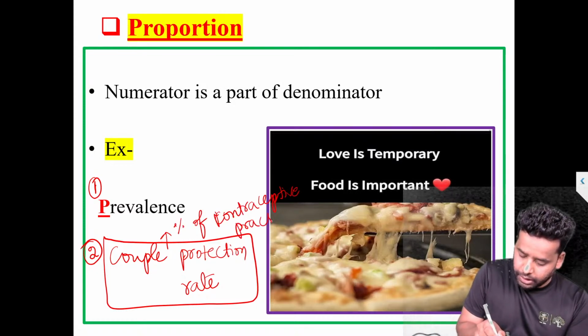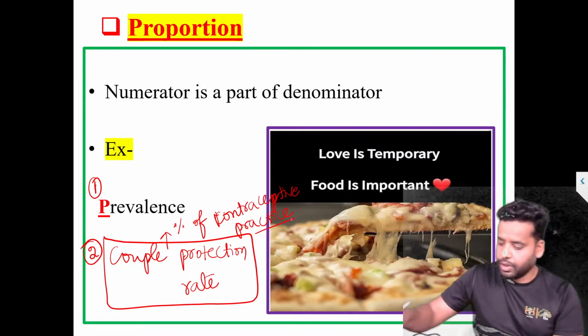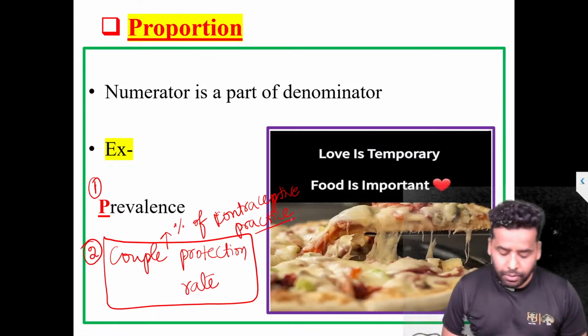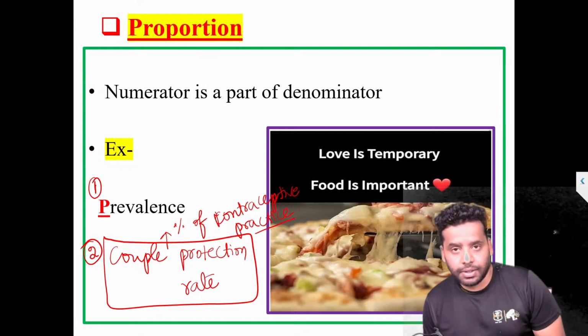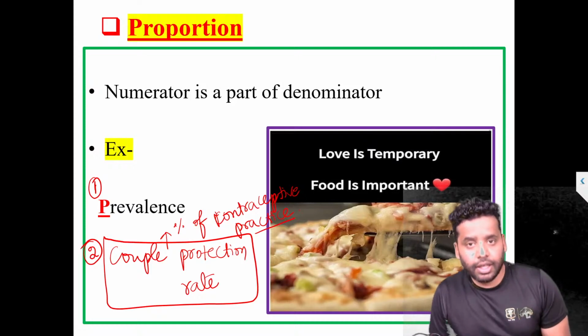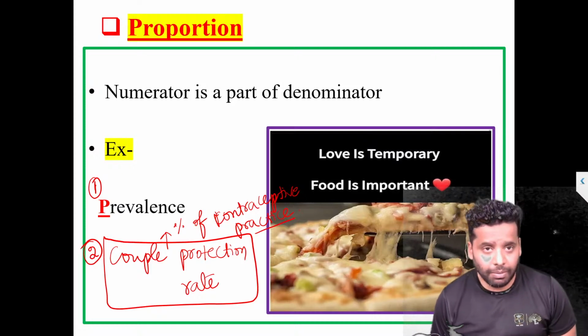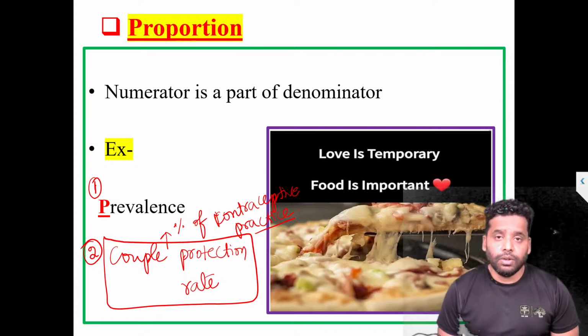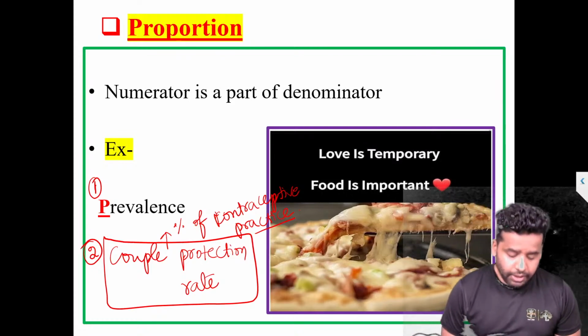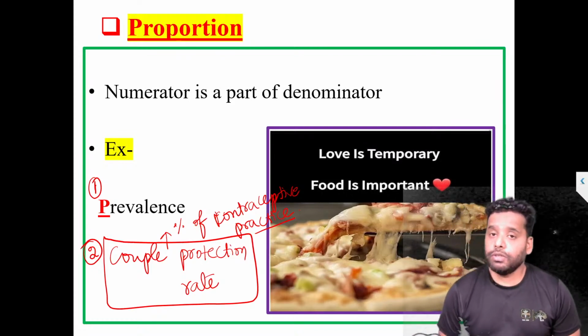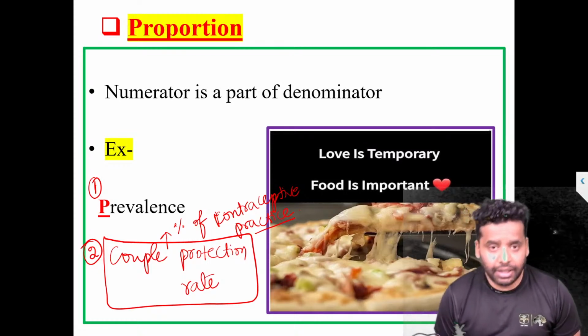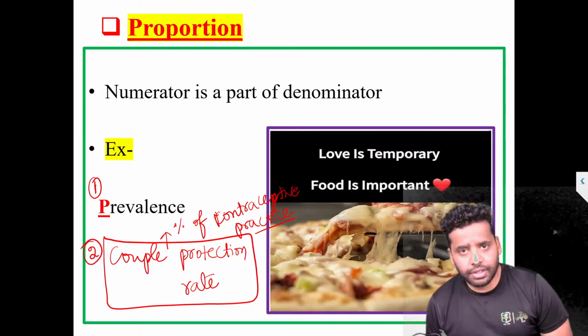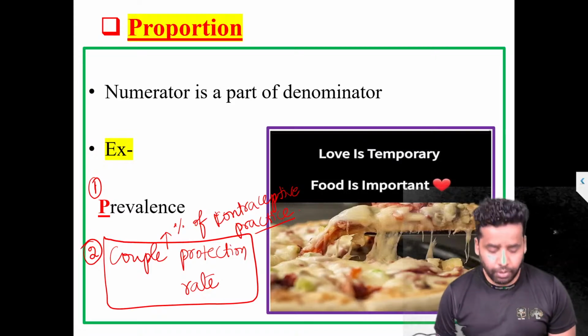Don't make mistakes in the exam for these basic questions. Again, I will discuss how to calculate this in family planning: what contraceptives we need to consider in couple protection rate, and how much we need at least in India to get the replacement level. All these things will come in detail in a different chapter.